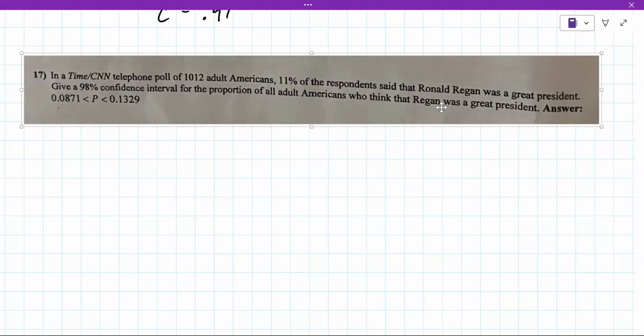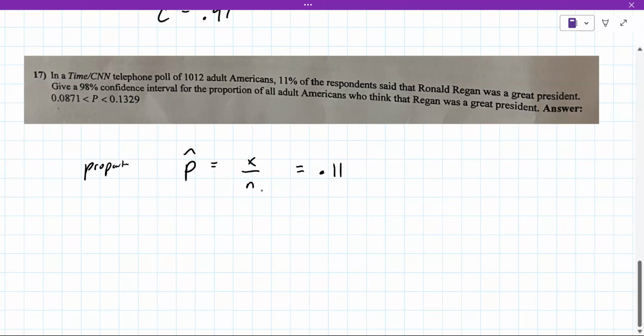Okay. In proportions, and this is a proportion, you have your p, which is x over n. X is like the number that are in favor. N is the total that they sampled. But what they do sometimes, and they're doing that in this problem, is they give you that p is 0.11. N is 1,012, but they don't give you x. So it's like, well, what do I do?